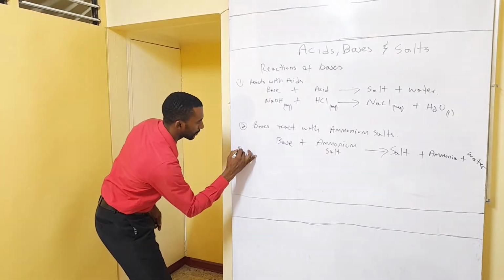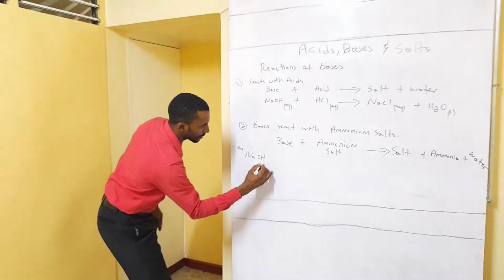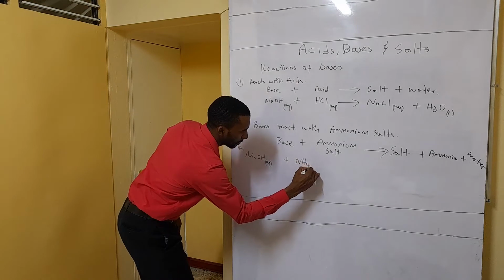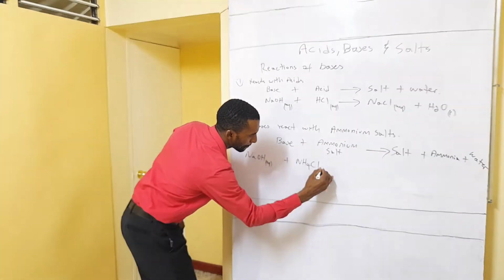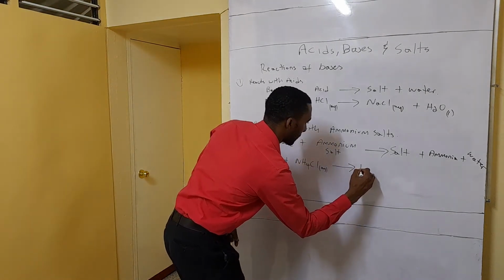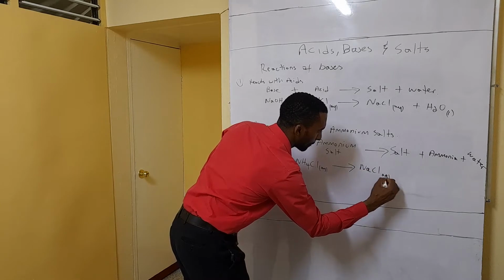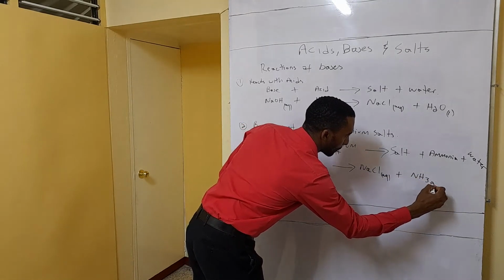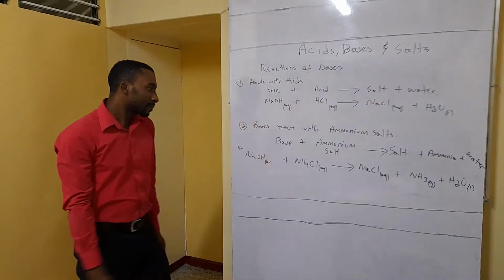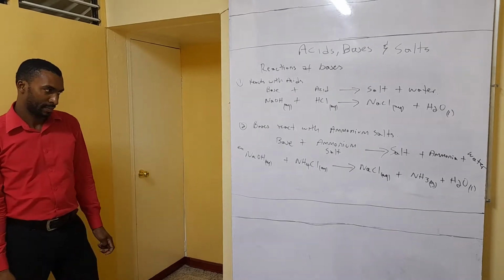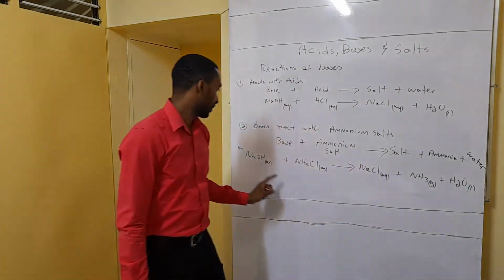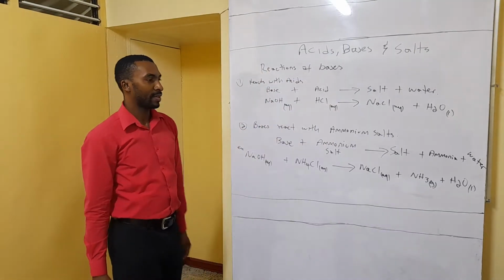Example: sodium hydroxide plus ammonium chloride gives ammonia, which is a gas, plus H2O liquid. I think that's balanced. Hydrogen: 4, 5 on the left, 3, 4, 5 on the right. It's balanced.